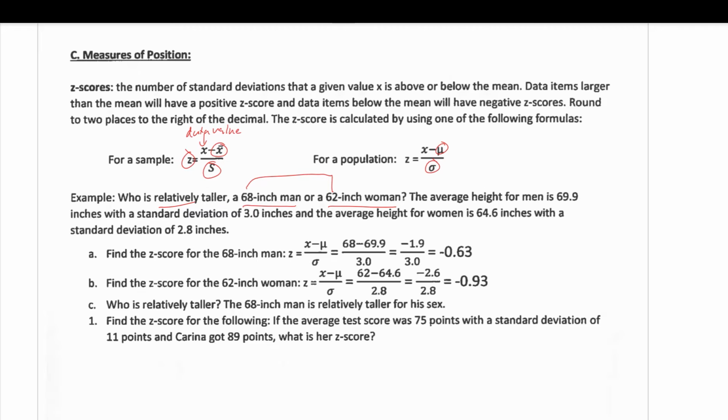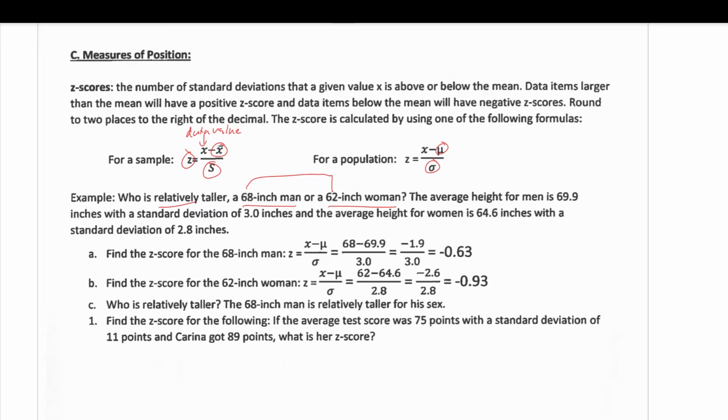So is this 68-inch man taller on the scale compared to all men versus the 62-inch woman taller in comparison to all women? We would have to actually evaluate this using the z-scores. You want to see essentially how far away from the mean each one of these two measurements is, relatively speaking.